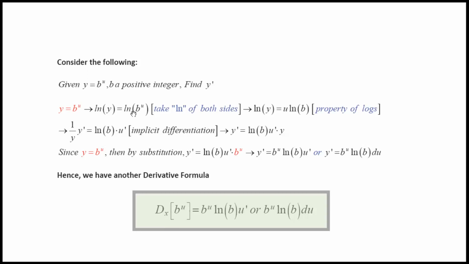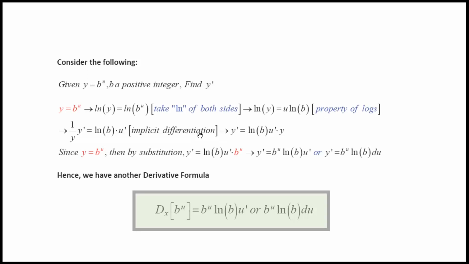Now, that's legal as long as you do it to both sides. Now, why am I doing this? Well, notice that property, the log of something to a power, let's use that property. In other words, I'm going to leave ln of y alone. And I'm going to write ln of b to the u power as u ln of b. That's that third property of logs. Now what am I going to do?